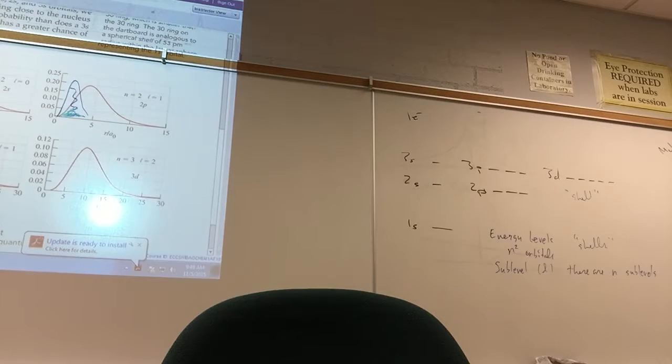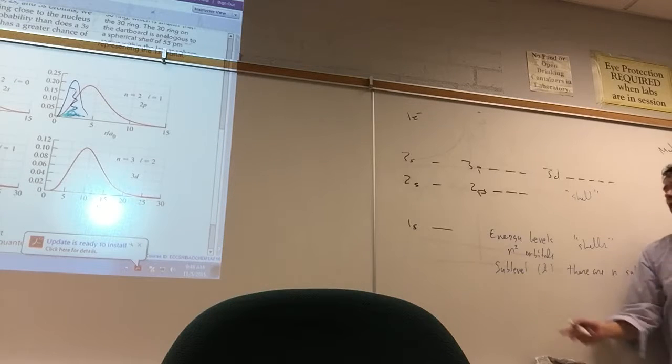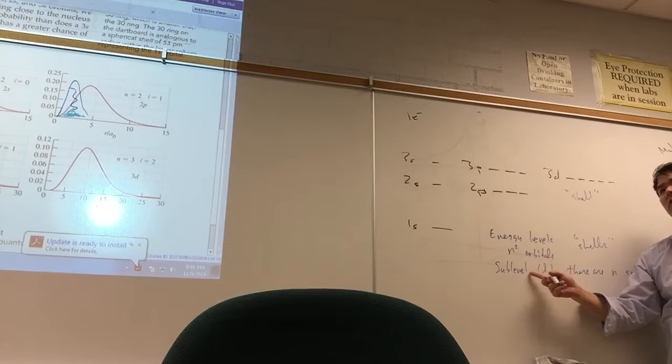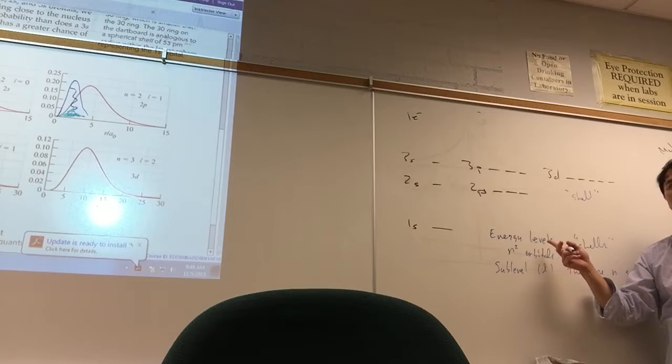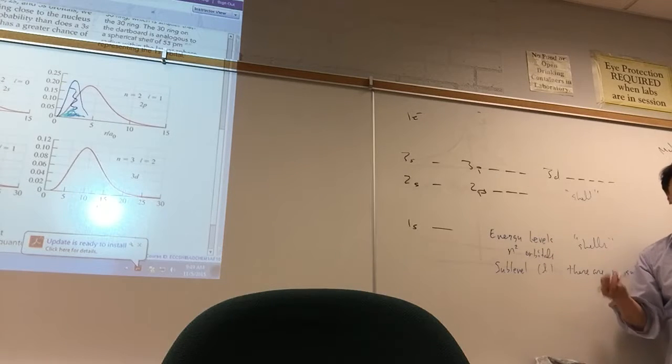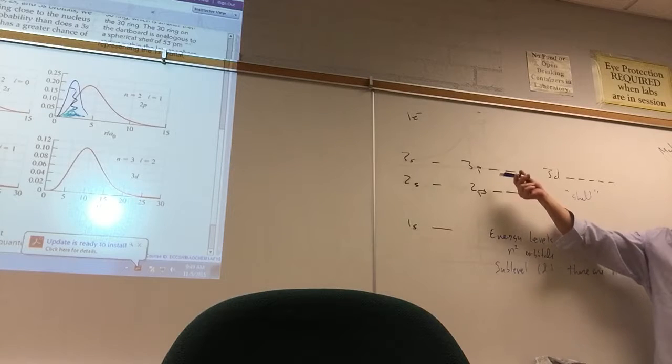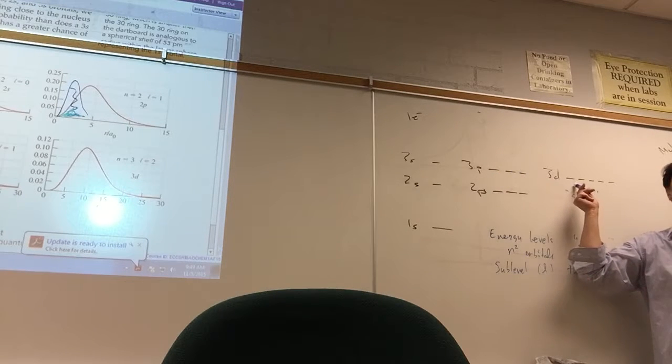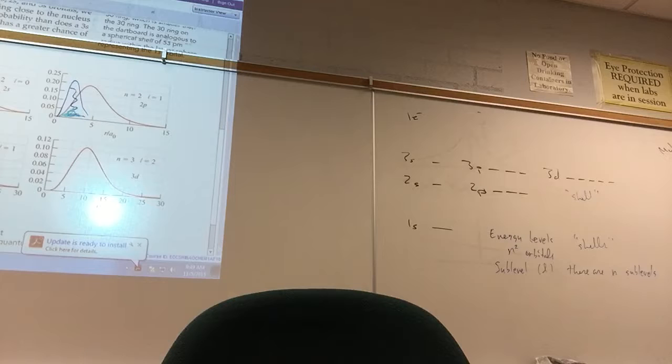Two subshells in the third shell. Well, how many sub-levels are there in the third energy level? In the third energy level, there are 3. And so when we're dealing with multi-electron atoms and talking about the third shell, we're just talking about the 3s and 3p, not the other subshells up here.